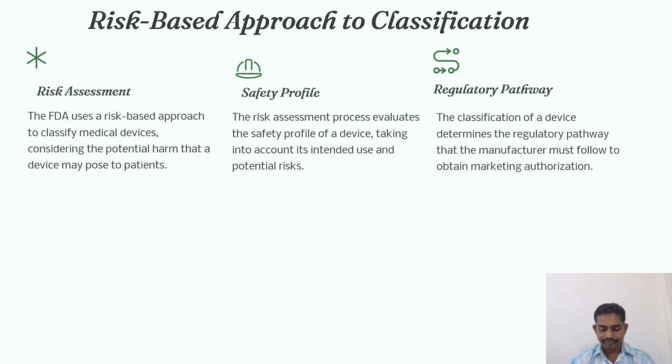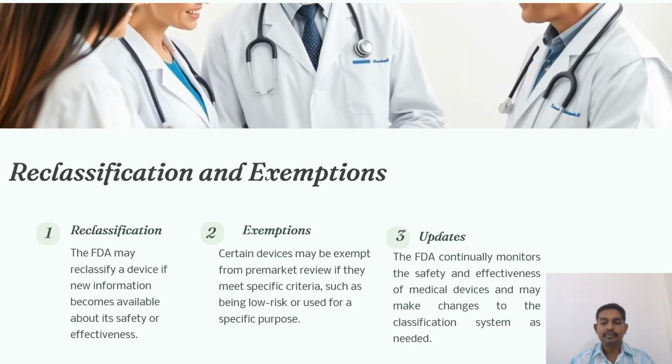So for manufacturing any medical device, there are certain regulatory standards or ISO standards that have to be followed. ISO 13485 for medical device regulation has to be followed in the case of manufacturing any medical device. So this is how the risk-based approach has been made in classifying medical devices under three different categories.